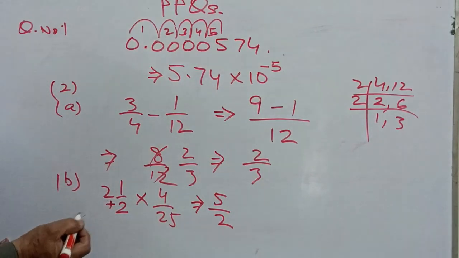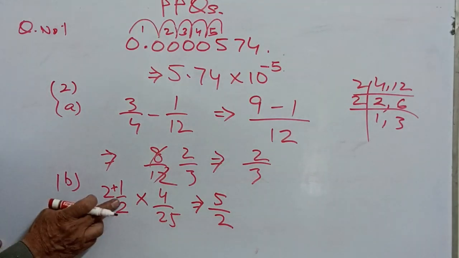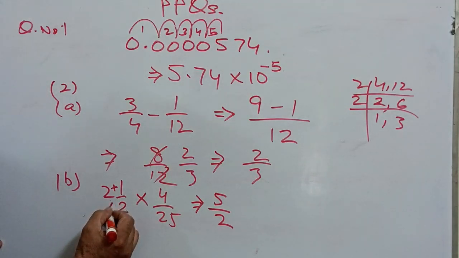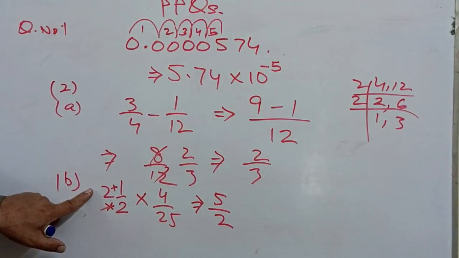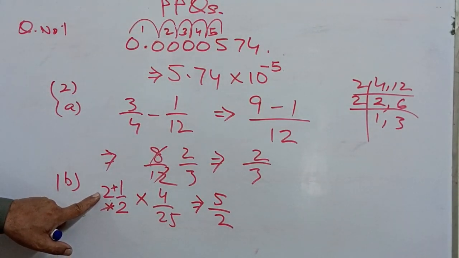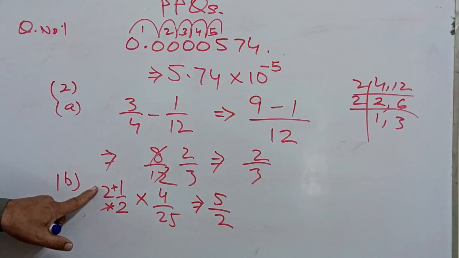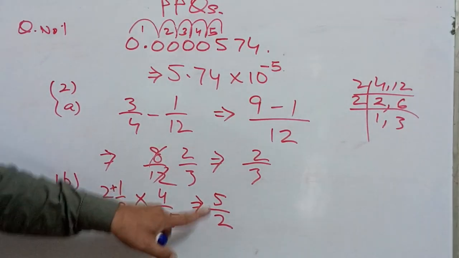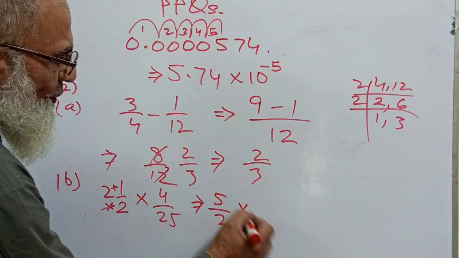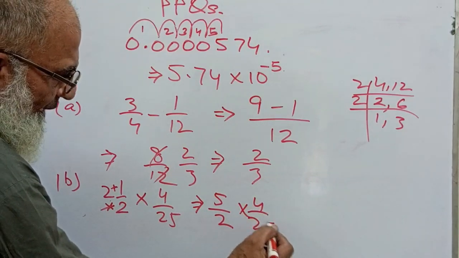If I write multiplication, this is the sign of multiplication. Let me use the computer language. 2 times 2 is 4. 4 plus 1 is 5. 5 upon 2 multiplied by 4 upon 25.